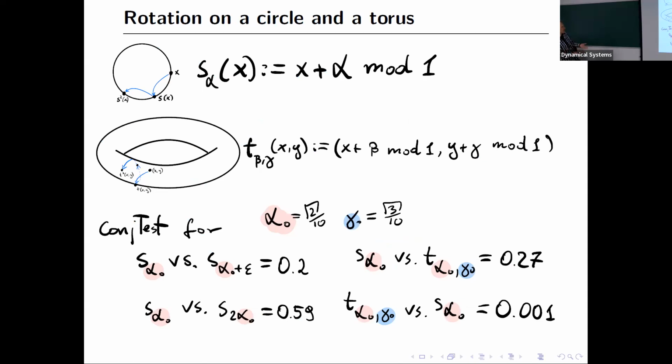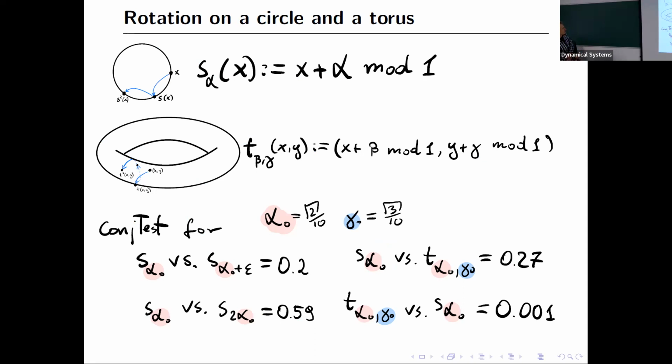Another example of experiments that we did is again a toy example where we compare irrational rotations on a circle and on a torus.